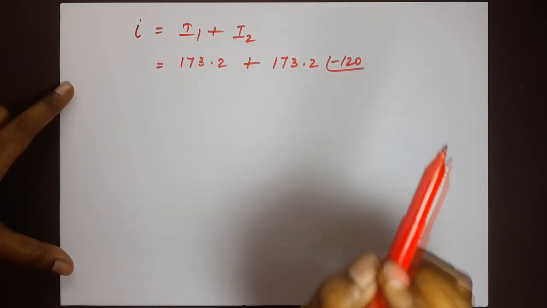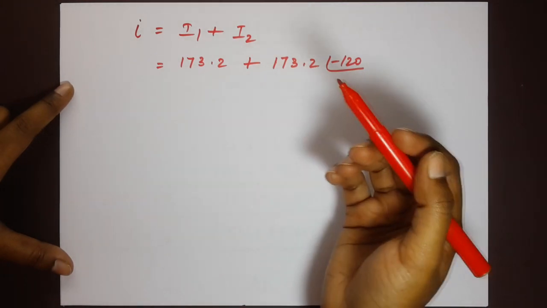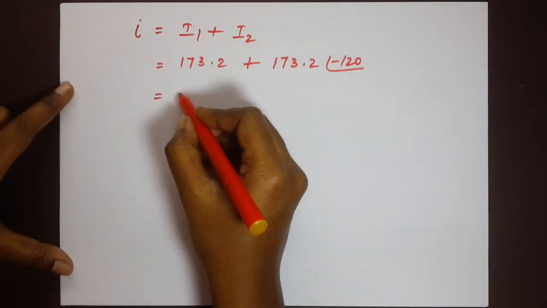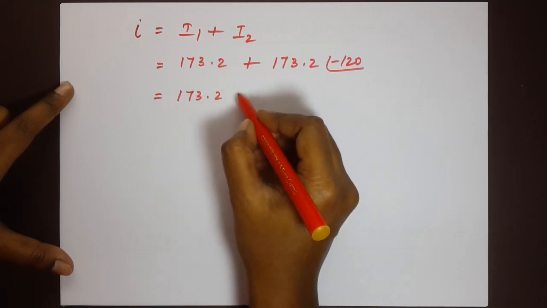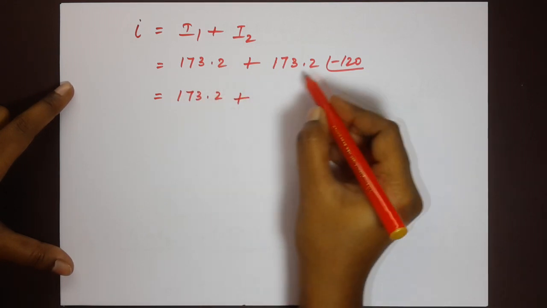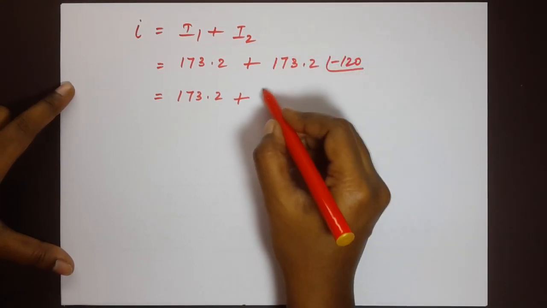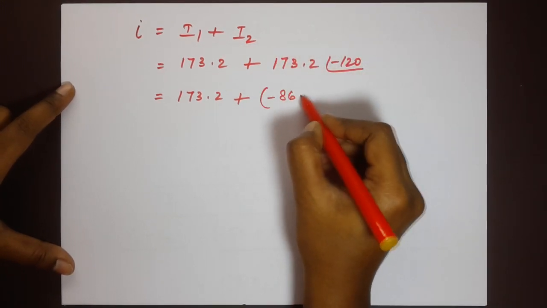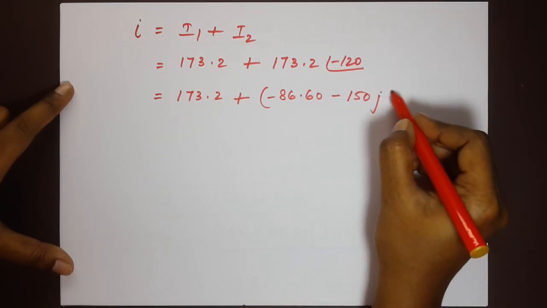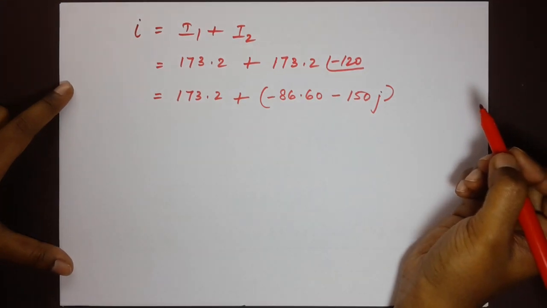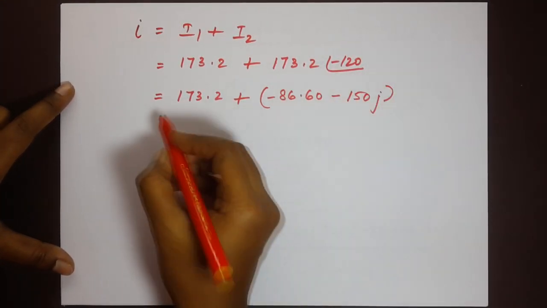What do we do? We convert it into rectangular form. Yeah, a whole lot of conversions, but it is necessary. So here we have 173.2. Since it's real, we leave it as it is. This we need to convert. So when we do convert it, we get minus 86.60 minus 150 J. So this is the rectangular form for the polar coordinates here.